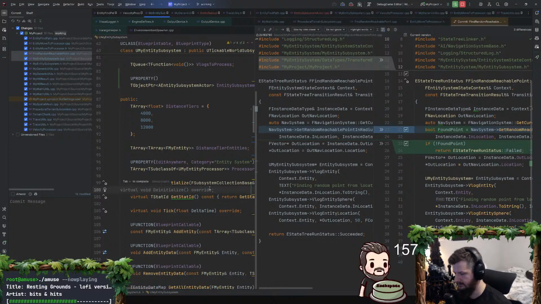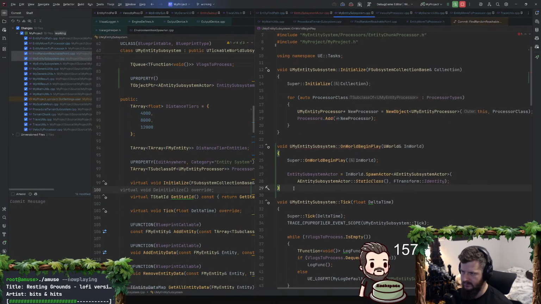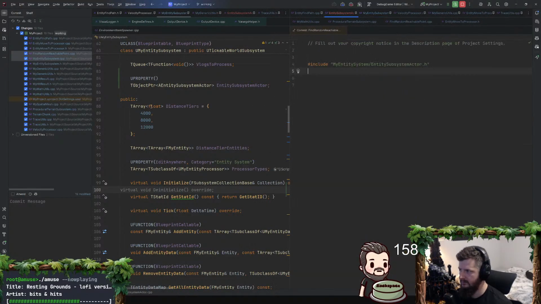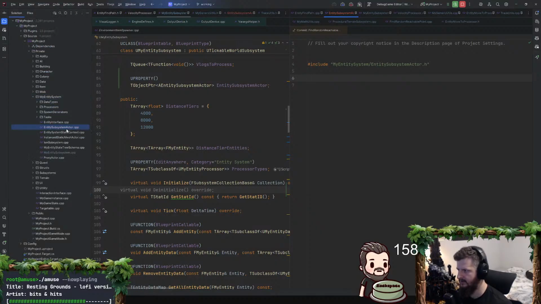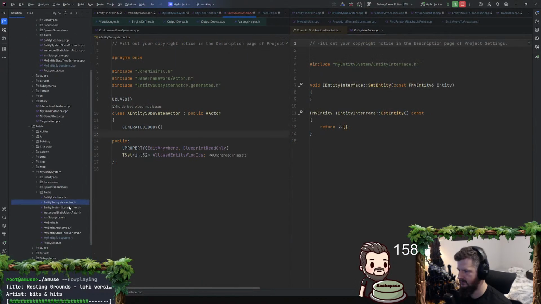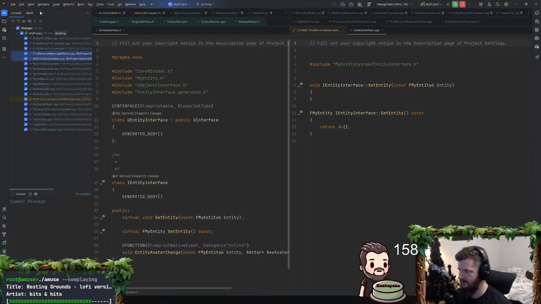World begin play. Get rid of you. Good. Okay, so you got removed from the commit, but you didn't actually get deleted. Let's do that. Delete that.